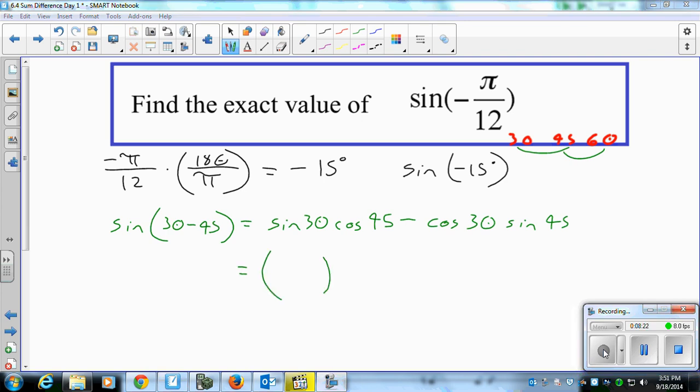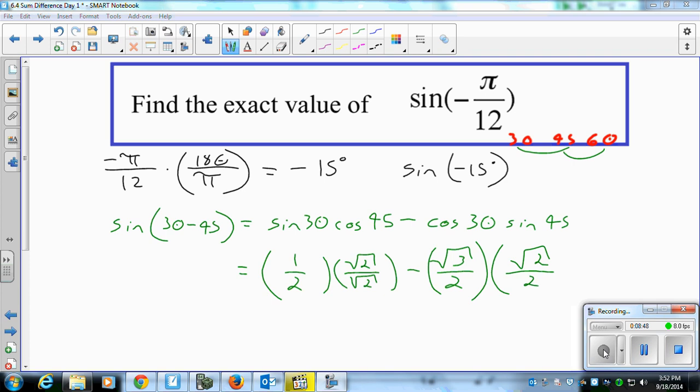The sine of 30 degrees is going to be 1/2. The cosine of 45 is square root of 2 over 2, minus the cosine of 30 degrees is the square root of 3 over 2, and the sine of 45 is square root of 2 over 2.